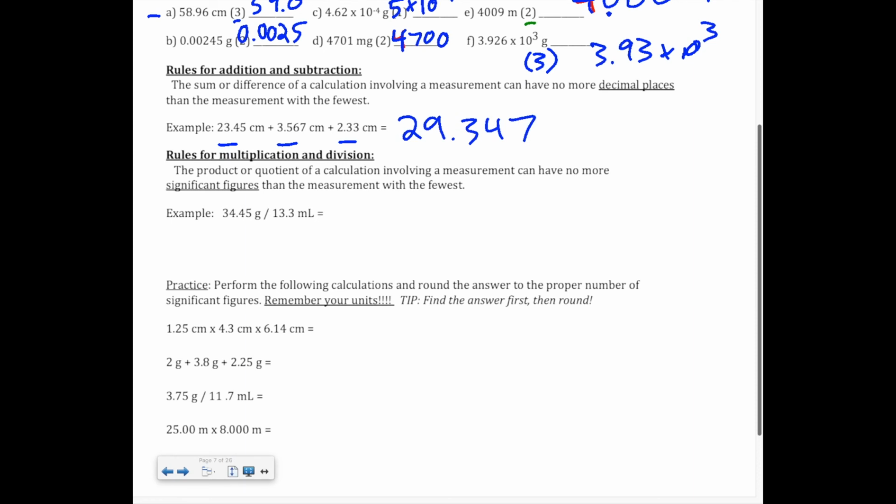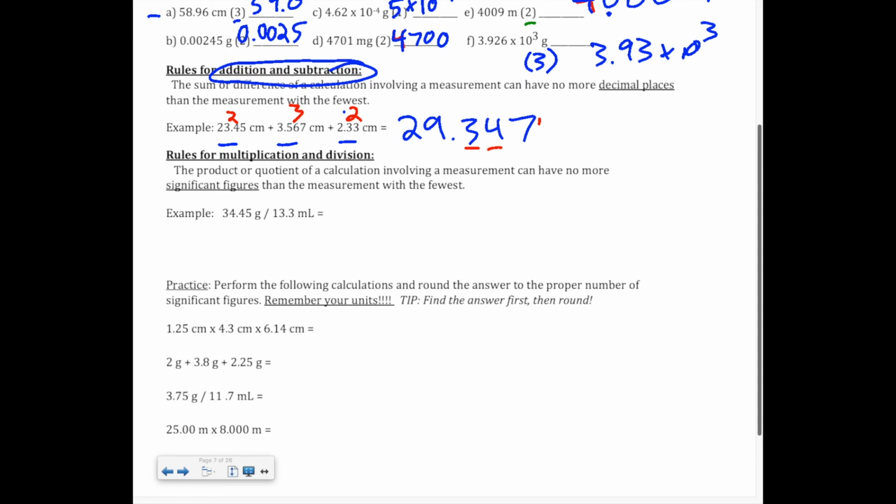Now, for addition and subtraction, the answer can have no more decimal places than the measurement with the fewest. So you're basically going to use the least number of decimal places. Well, this one has 2, this one has 3, and this one has 2 decimal places. We're talking about decimal places, not sig figs. So we want to use 2 decimal places right here.